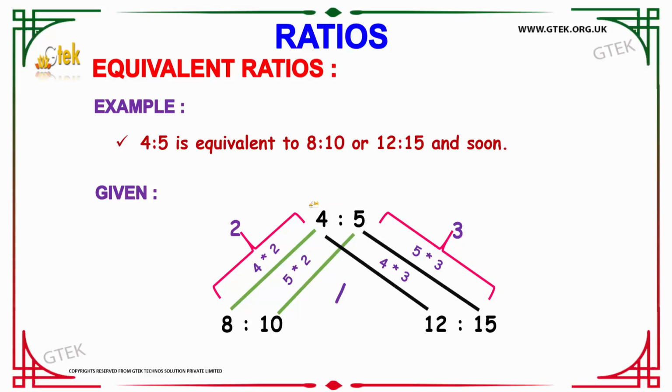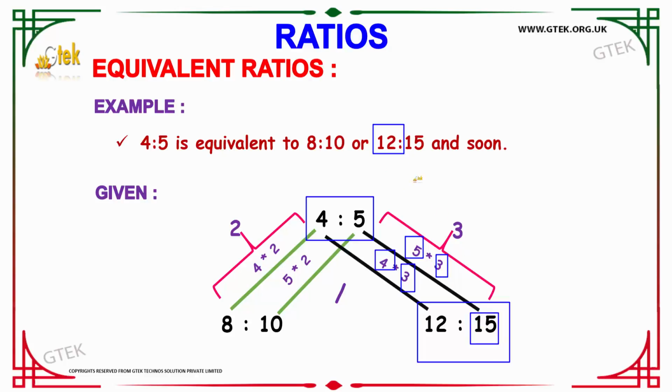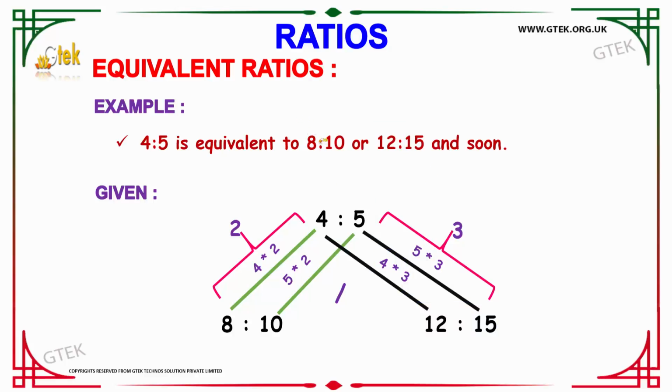In terms of 12 is to 15, the term 4 is over here and the term 5 is over here. If we multiply both terms by 3, we get 4 into 3 as 12, the first term, and 5 into 3 as 15, the second term. So now we have proved that 4 is to 5 is equivalent to 8 is to 10 or else 12 is to 15.